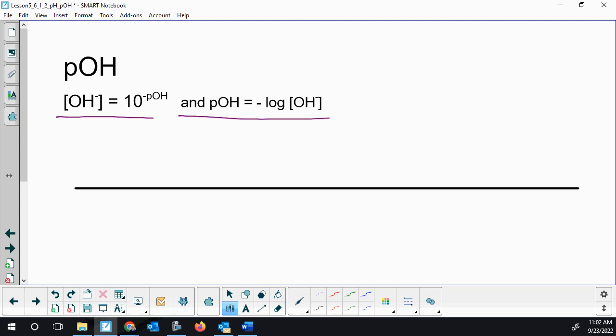So if the pOH is 4, the hydroxide's 10 to the minus 4. If you know the hydroxide concentration, you're taking the negative log just like you did with the acid, but your brain has to remember, okay, I take the negative log of the base species, I get pOH, not pH.